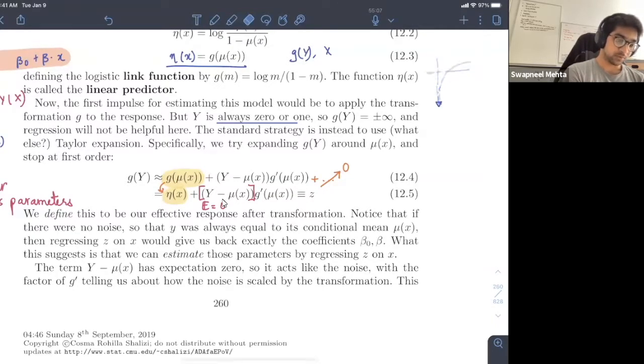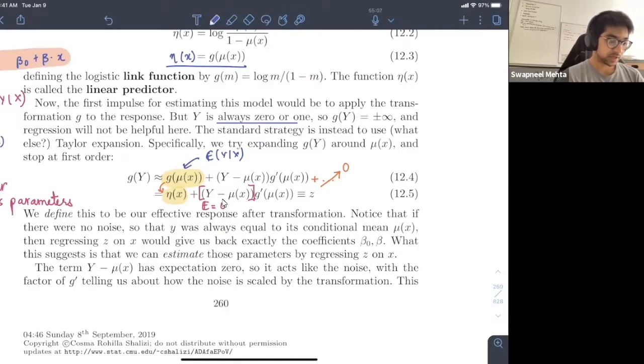So we have problems. What can we do if we want to start with fitting this model to our data? Well, consider the Taylor expansion at this point, mu x, which is the expected value of y given x, the conditional expectation. Taylor expand about a particular point of interest and only consider the first order term.